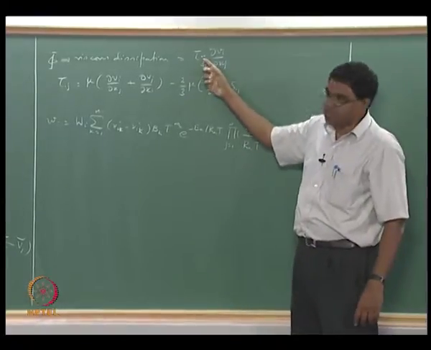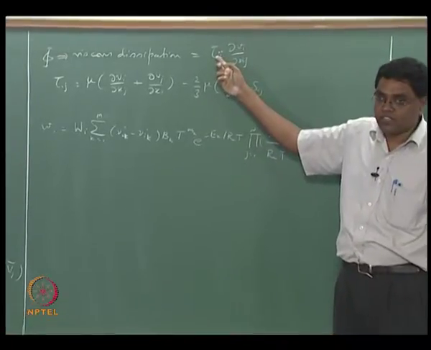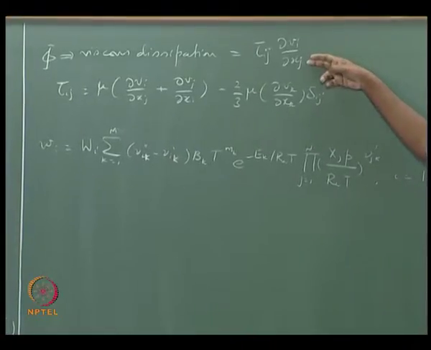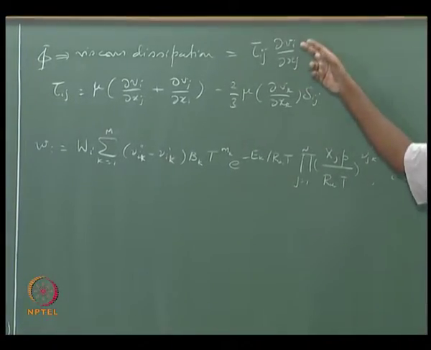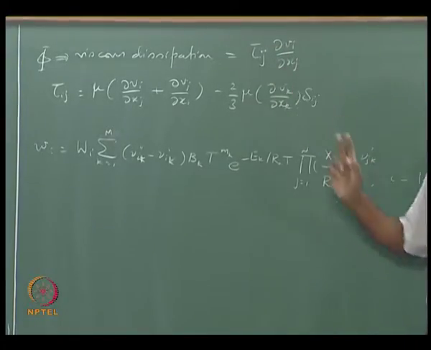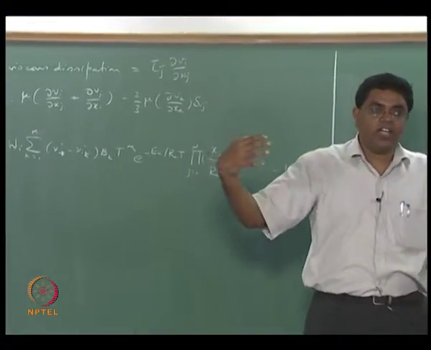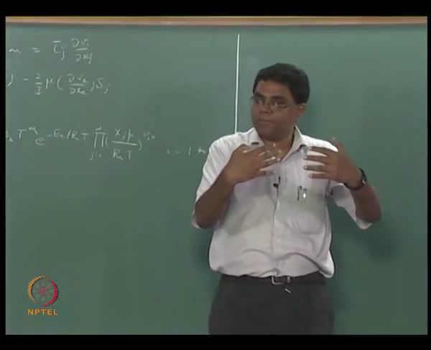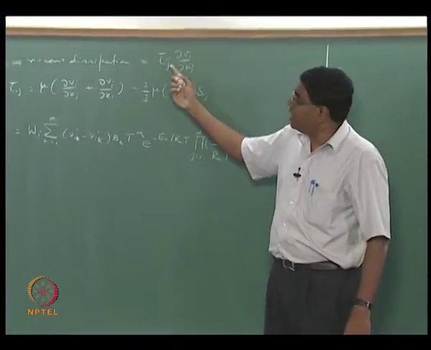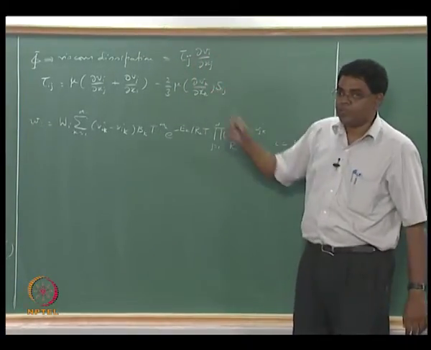So tau ij is actually 9 terms, it's a second order tensor, so it has 9 components, and dou vi by dou xj is going to be again a tensor, okay. So this is like a dot product of 2 tensors, alright, and so essentially what it means is that you are now having 9 products that are all getting added up together, alright. And so we run i going from 1 to 3 and j going from 1 to 3, and then we add up all of that, okay.